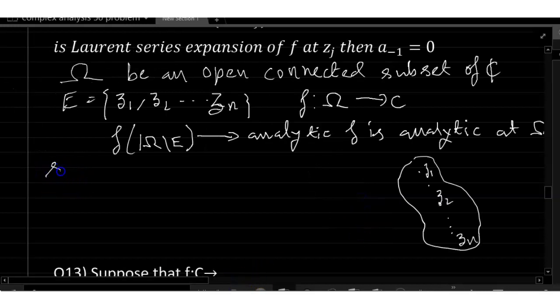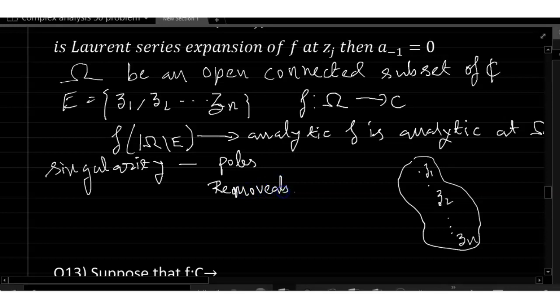So now we start singularity. Three types: one is poles, another is removable, and essential. So singularities are three types.